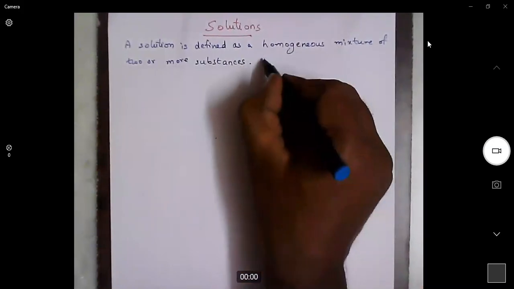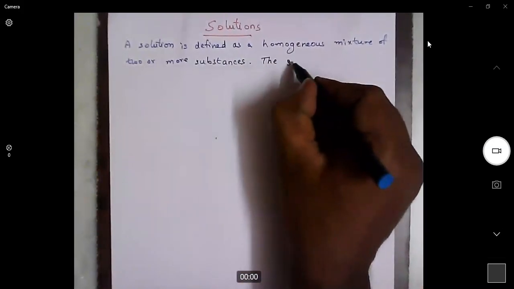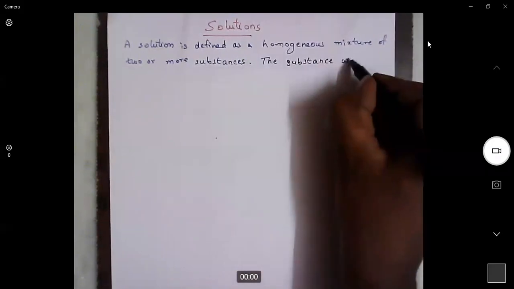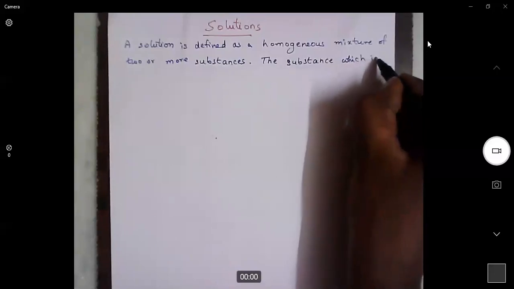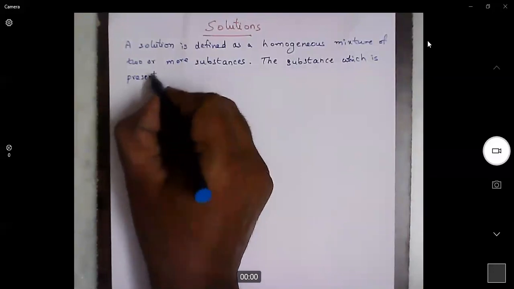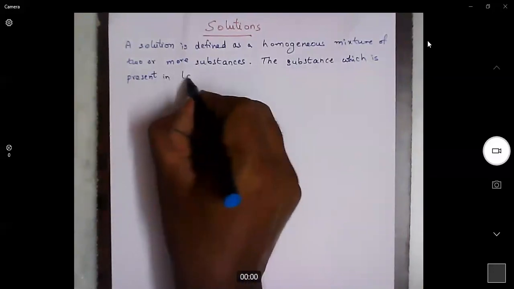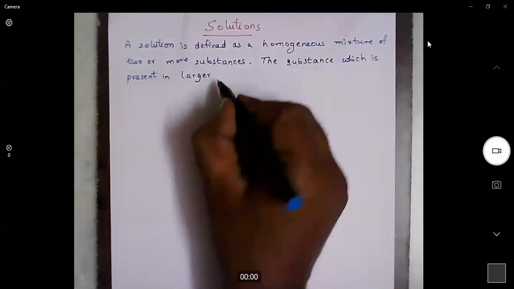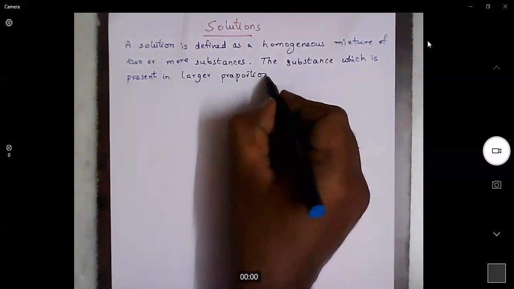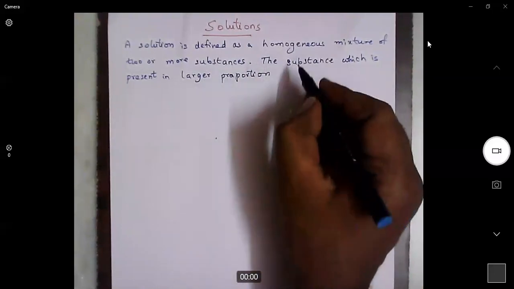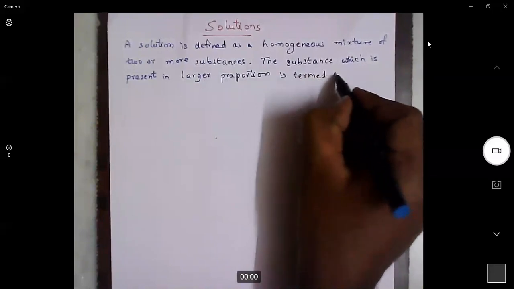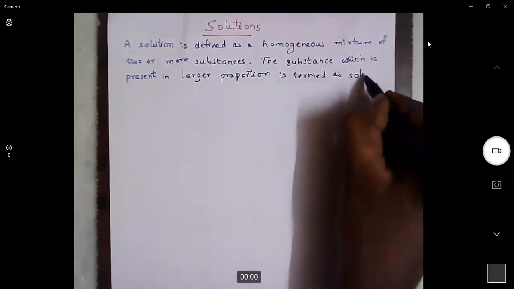The substance which is present in larger proportion is termed as solvent.